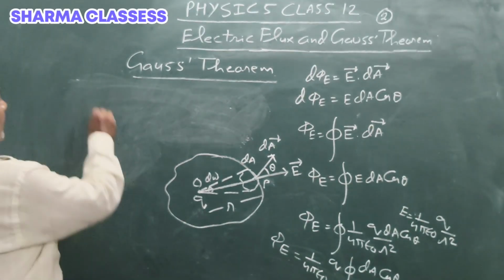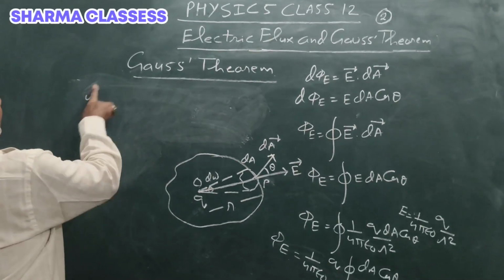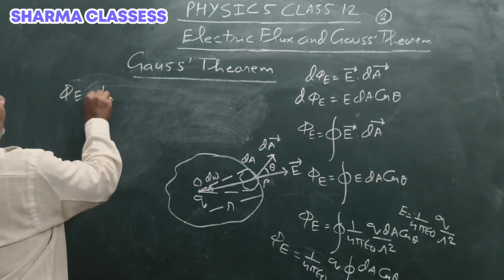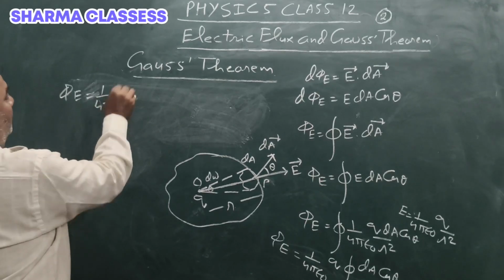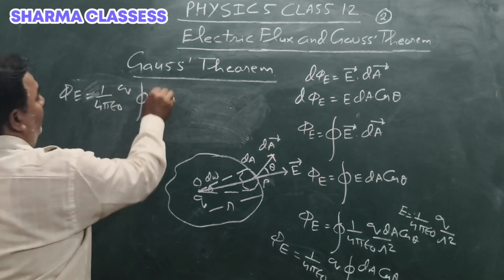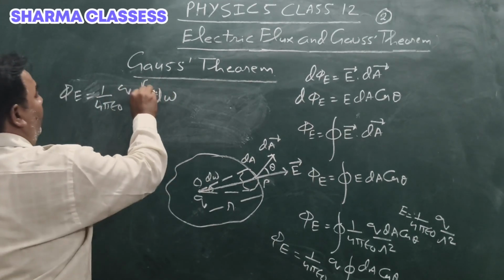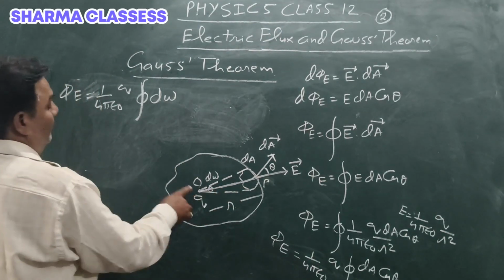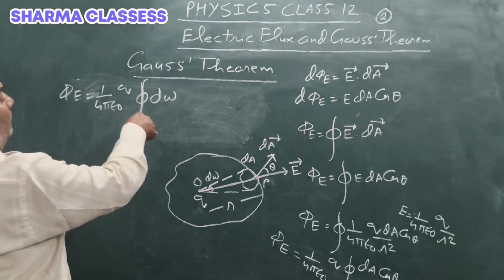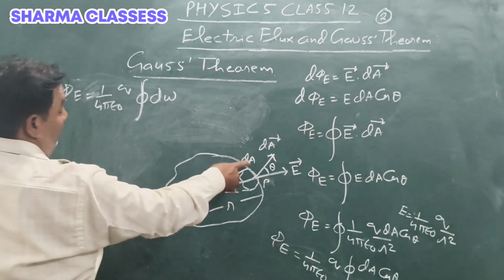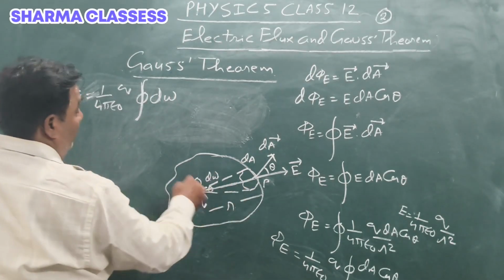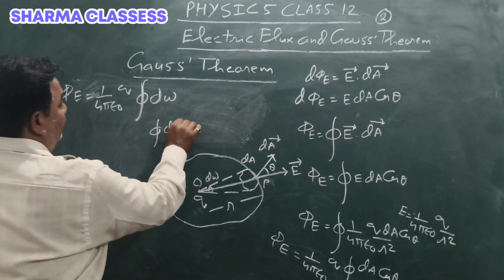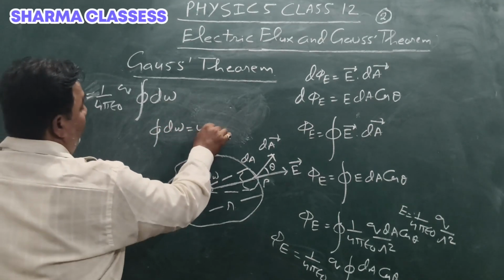So d phi is d omega, and phi is equal to 1 upon 4 pi epsilon naught Q integration of d omega. Integration of d omega means the solid angle subtended by the whole surface at point O, and we know that this is 4 pi steradian.